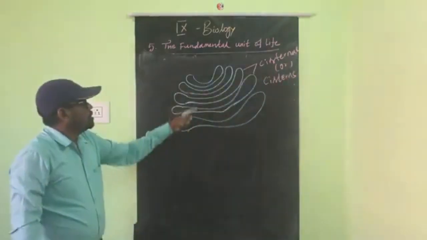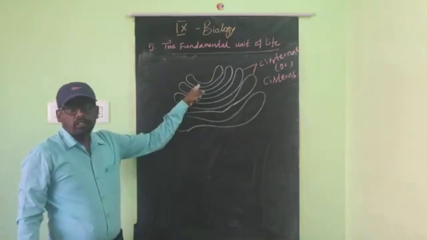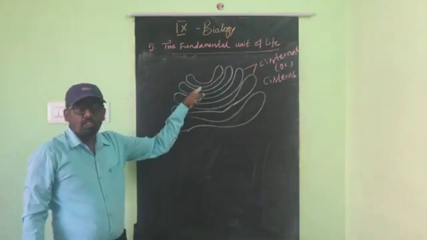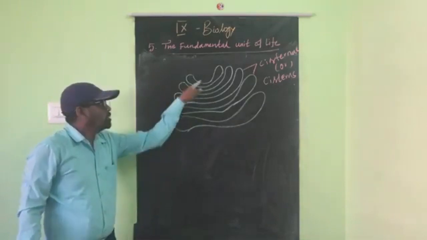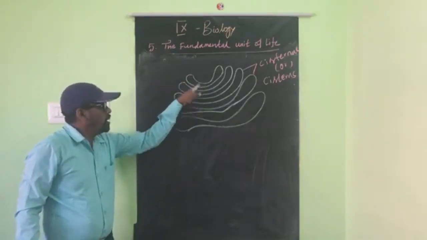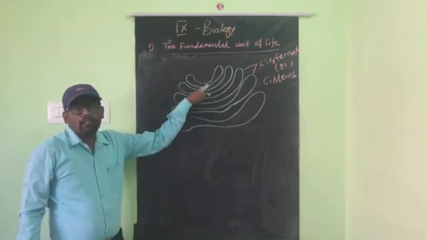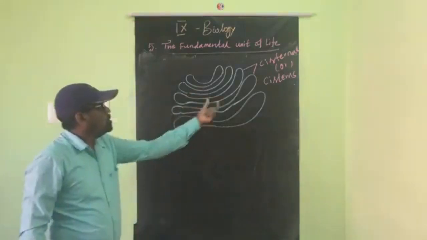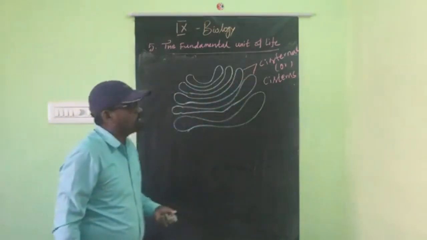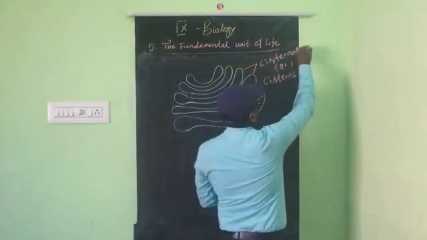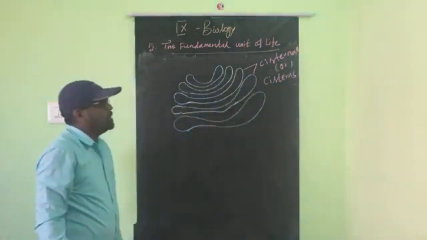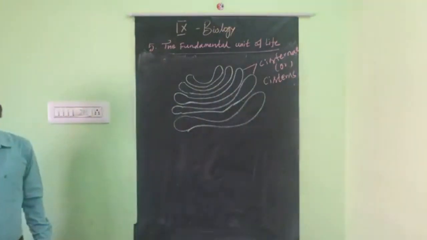Again, this is a vesicle or flat-like structure arranged parallel to each other in stacks, arranged one by one, everything parallel to each other. So this structure is called a cisternae or cistern.